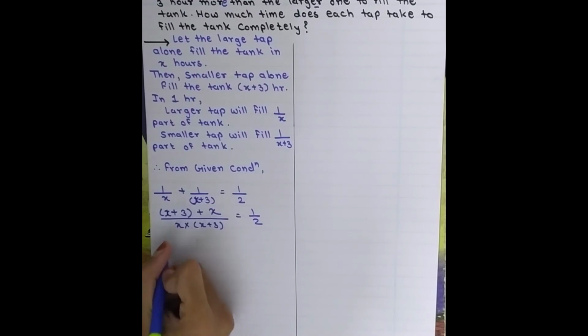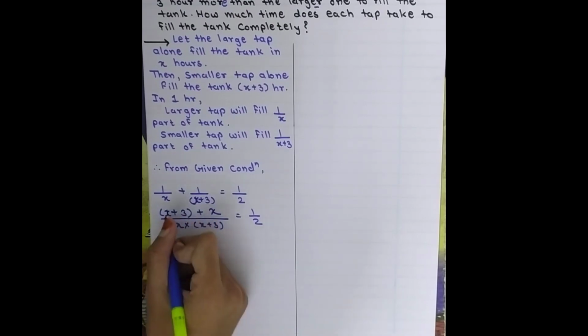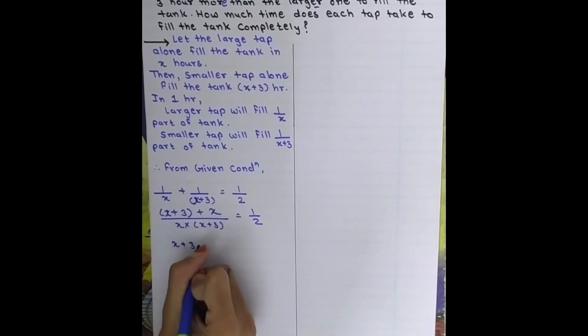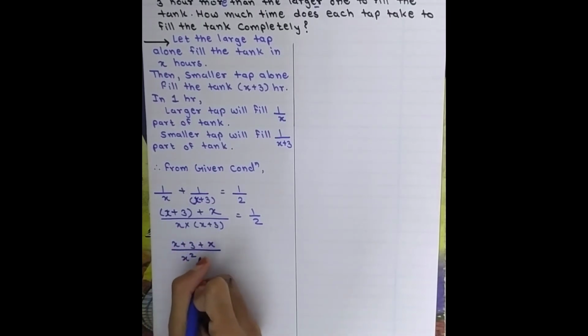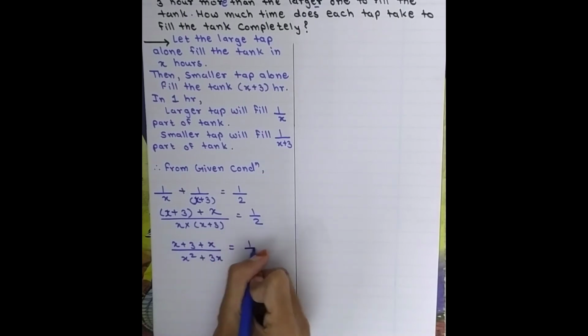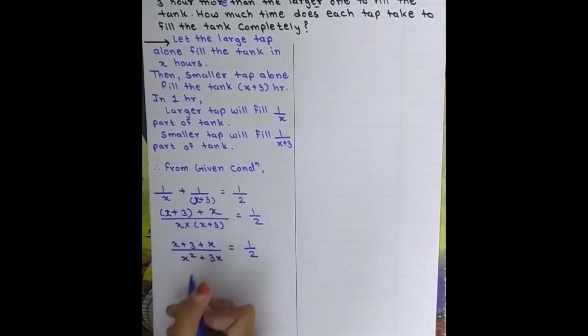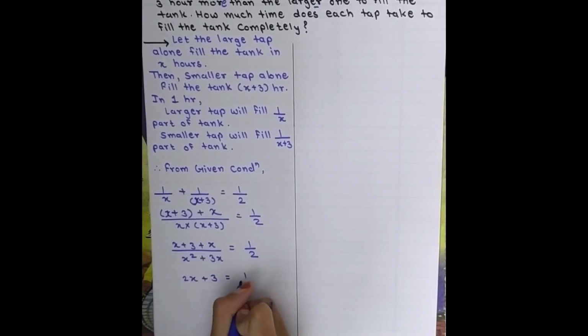So x plus 3, plus x, upon x into x is x square plus 3x, is equal to 1/2. Now x plus x is 2x plus 3 is equal to 1/2 of x square plus 3x.